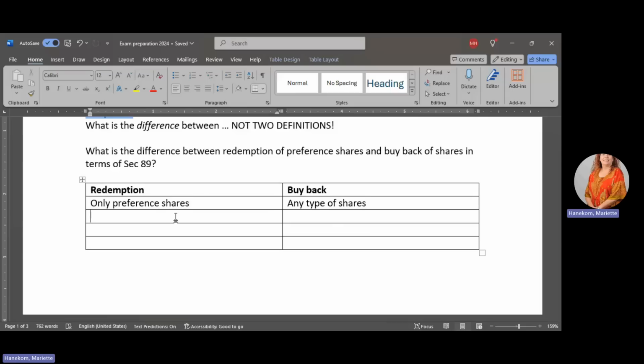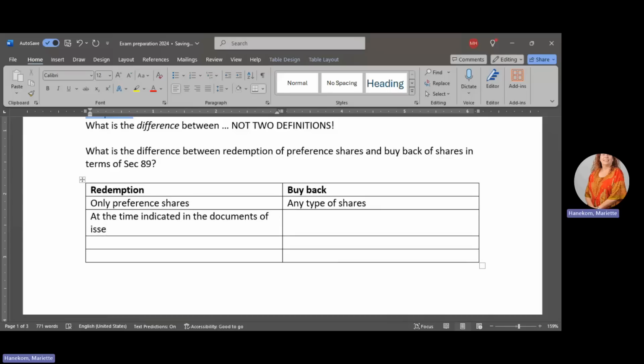Redemption is normally at the time indicated, they're normally redeemed at a fixed time.